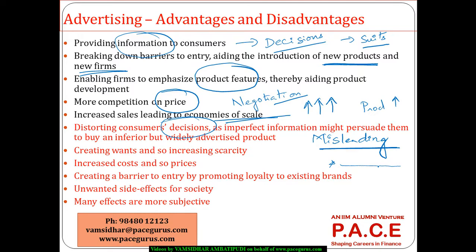But some people may get completely mistaken, some misled, which can result in buying those kinds of products, and which can make them persuaded or compelled to buy a very inferior product which is very well advertised.